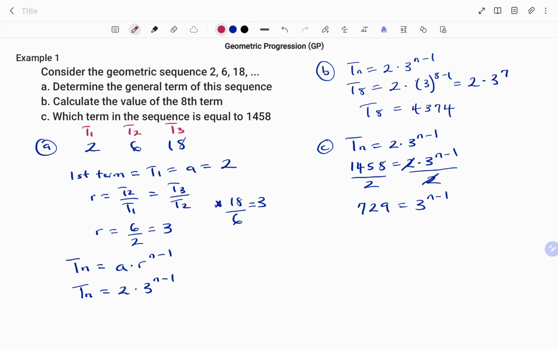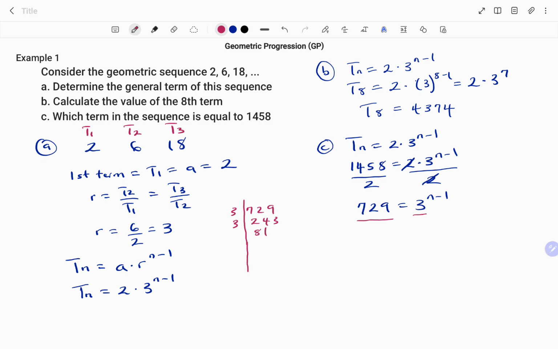Because I have this in base 3, I'm going to convert 729 to base 3 using prime factorization. You can check out my video on prime factorization, but for this question, I'm going to quickly work this out here. Because I want to change to base 3, I'm going to be dividing by 3. 3 in 729, that's 243. I divide by 3 again, I'm going to have 81.